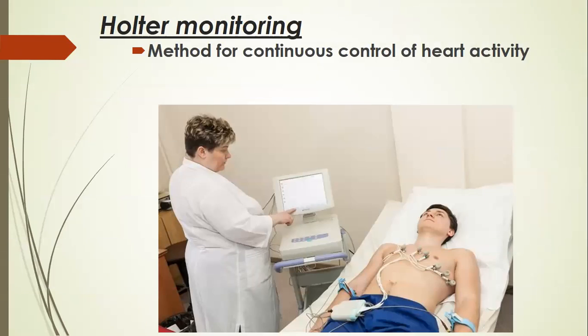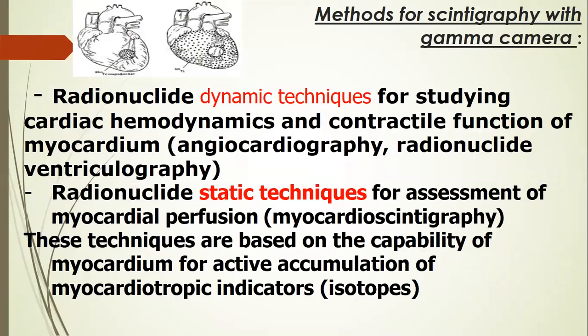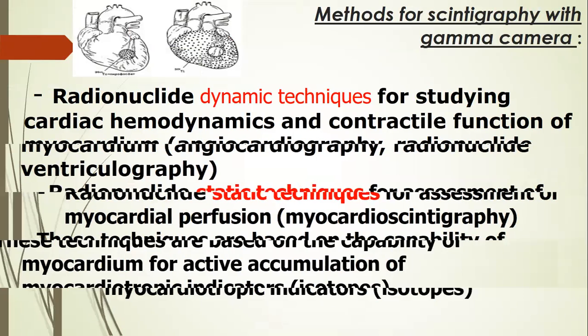Using Holter monitoring, we can control the heart activity of the child. Using the methods of scintigraphy with a gamma camera, we can study the cardiac hemodynamics and contractile functions of the heart.